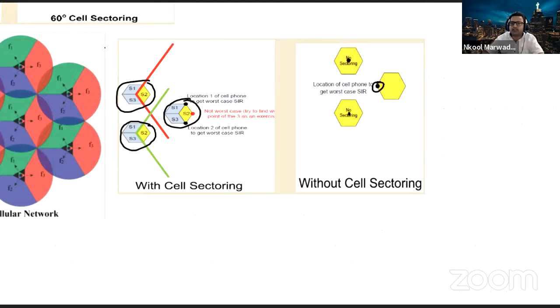What is interference? Interference is when signals of similar frequencies meet, they merge, they superimpose. And if they superimpose, the information packets, the signal, will get compromised or become corrupt. Hence we say that interference took place.